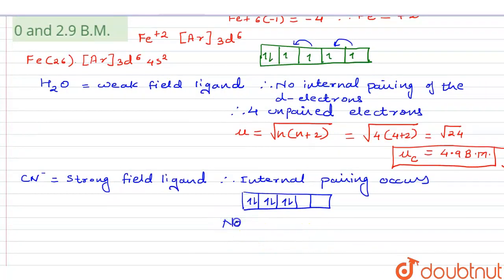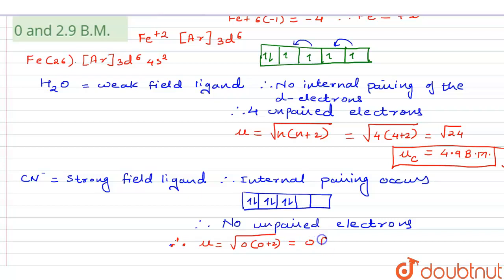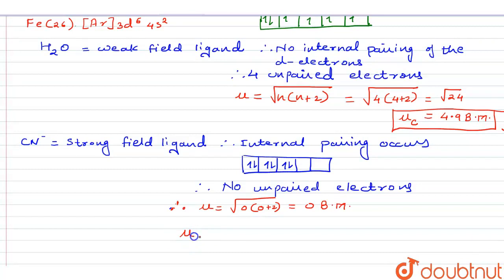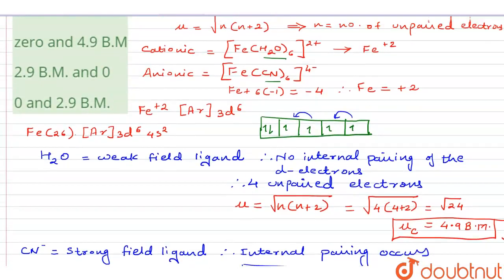If you calculate mu for the cyano part, it's root of 0 into 0 plus 2, which of course is 0. Hence the mu of the anionic complex is 0 BM. So the anionic complex is 0 and the cationic is 4.9.